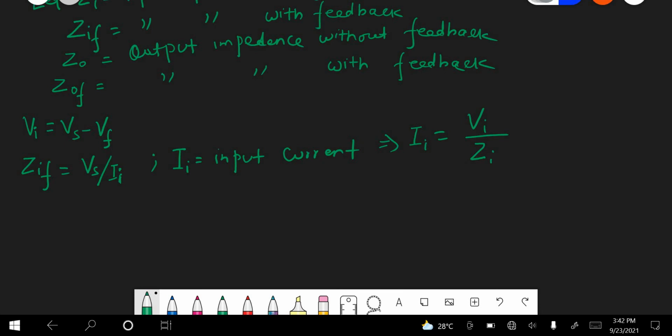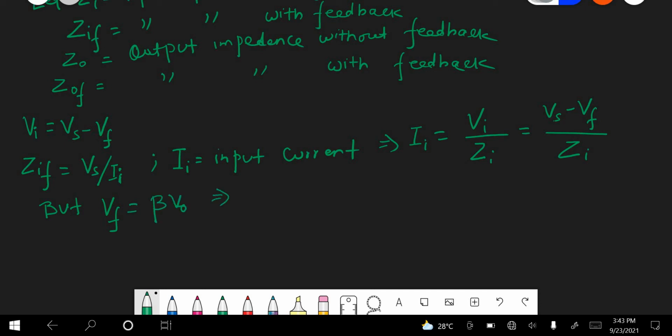And Vi is equal to Vs minus Vf, as we have already mentioned. Now we know that Vf is equal to beta times V0.